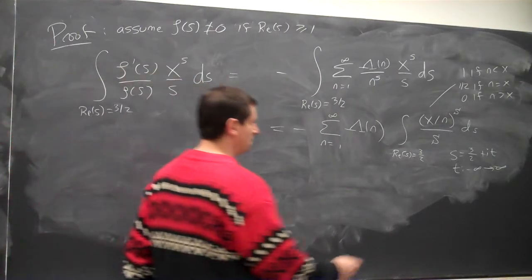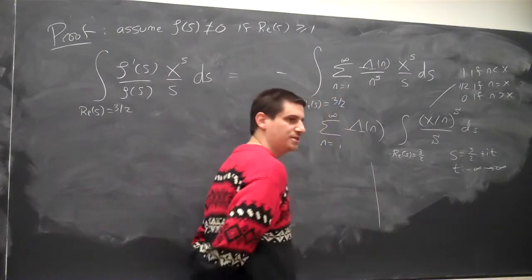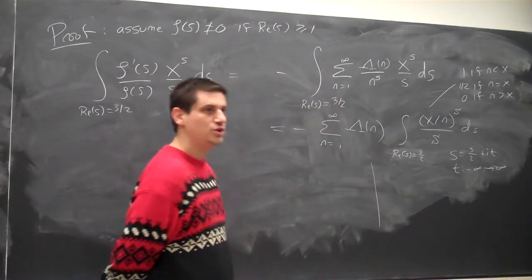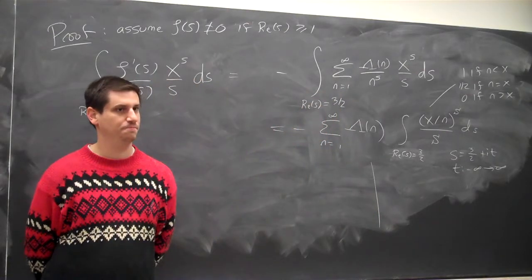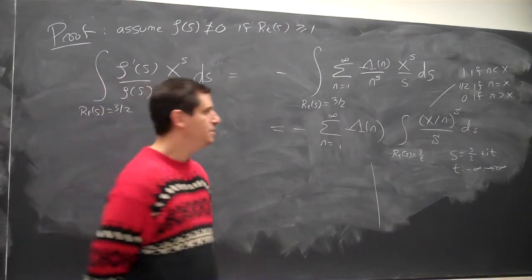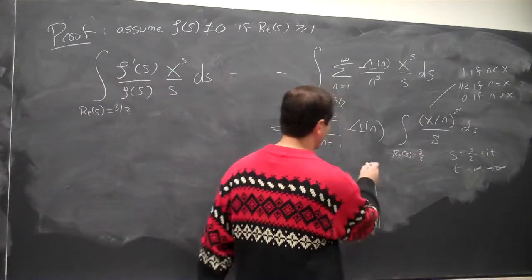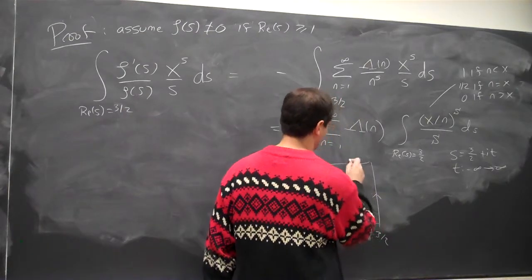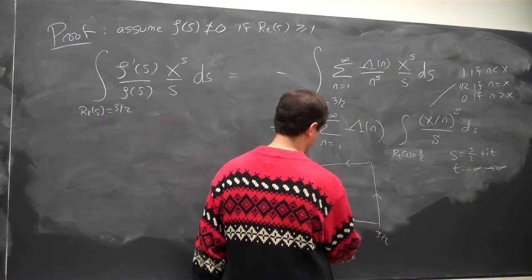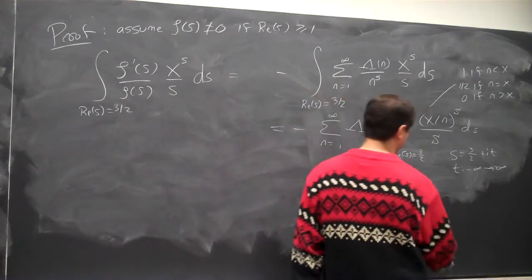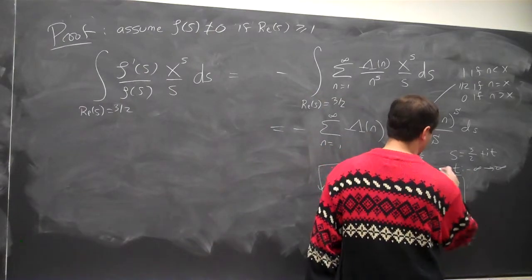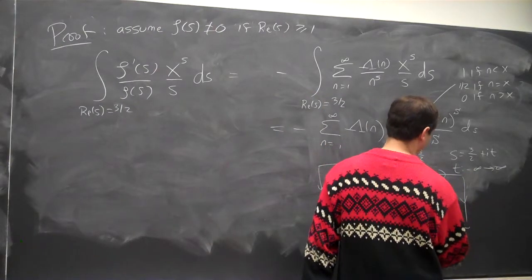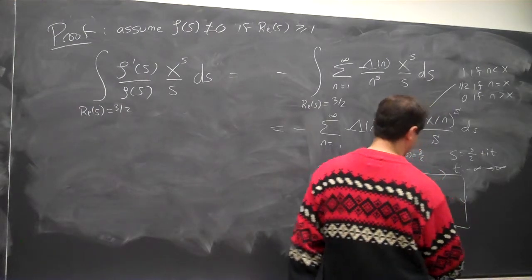We have an integral over the real part of s equals 3/2. You need to finish the contour. Depending on what n is, you might want to have the contour going like this, where this is 3/2, or you might want to have the contour going like this, where this is 3/2.